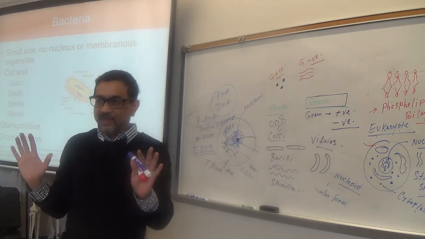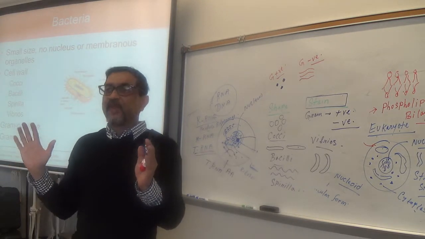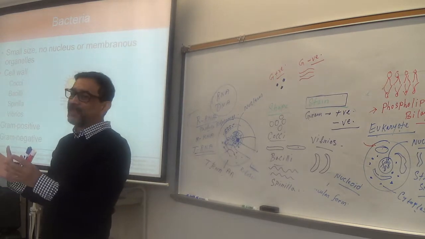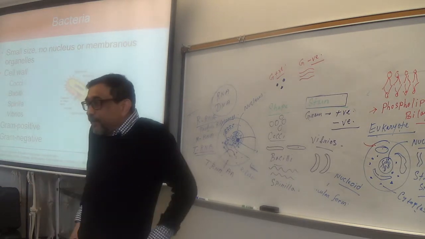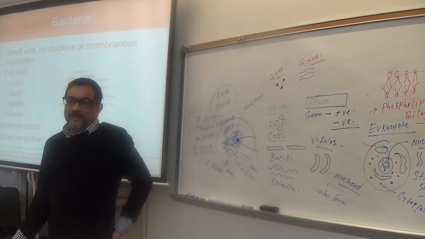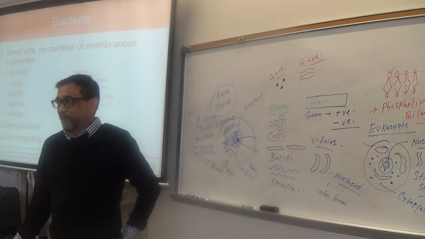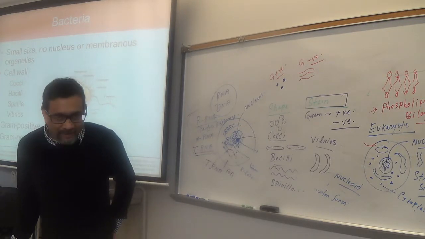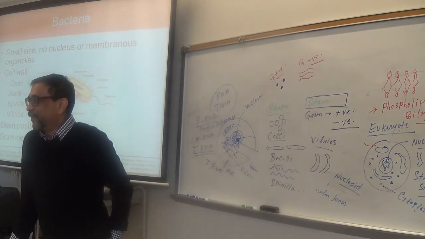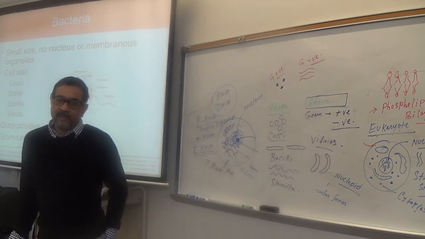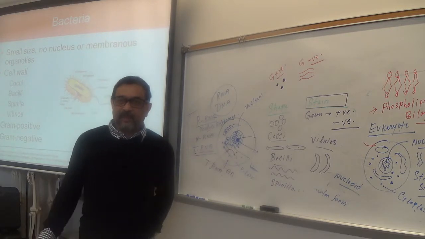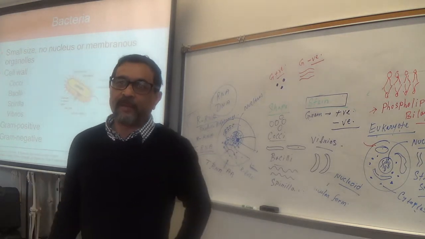Gram negative is thicker, right? Now you tell me, which one should be more resistant to antibiotic? The thicker wall, right? That means gram negative. It is difficult to destroy gram negative bacteria than gram positive.